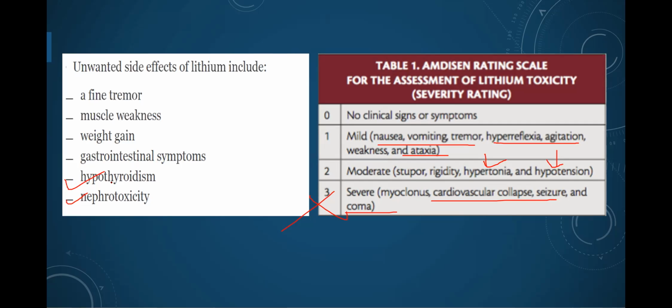Now, very good question, Dr. Jahara. Can you use lithium in pregnancy with caution, when symptoms are well controlled with lithium? Normally for bipolar disorder in pregnancy, sometimes there can be a need to use lithium.